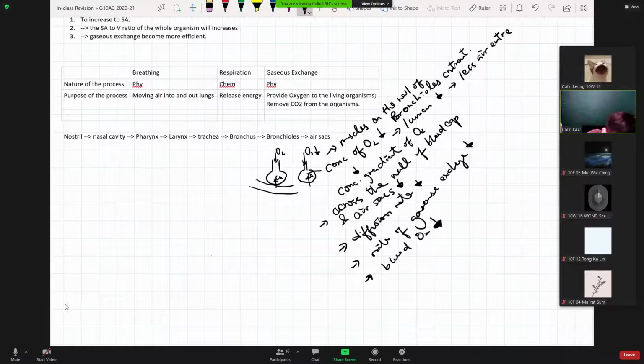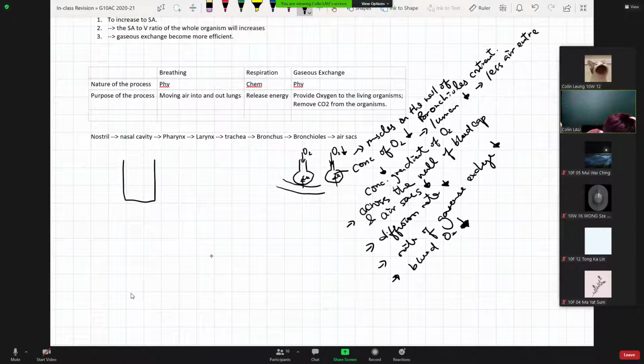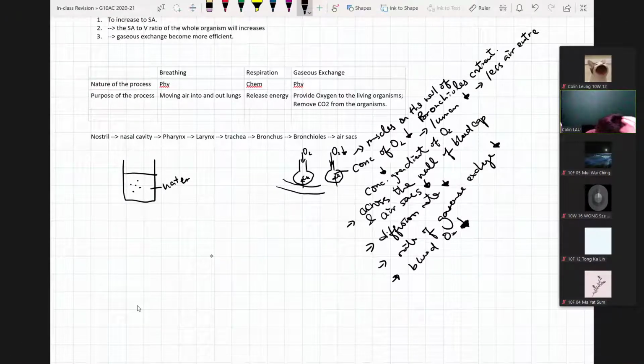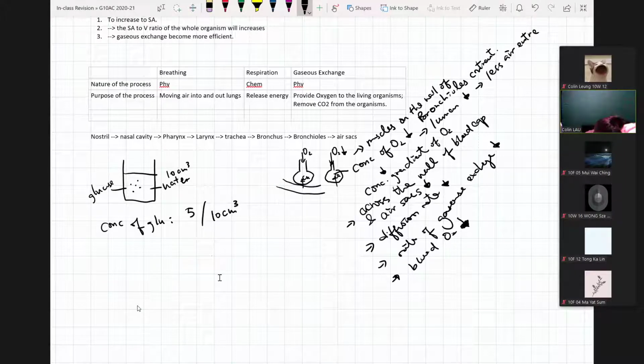So let's say you have this is water, and then you have 5 glucose in it. Let's say 10 cm cube of water. Then the concentration of glucose would be 5 per 10 cm cube. So amount of glucose within the volume of water.